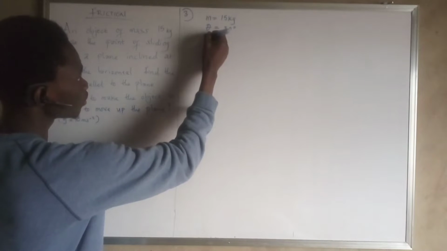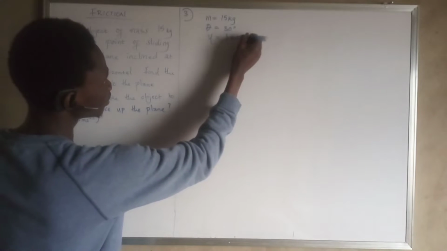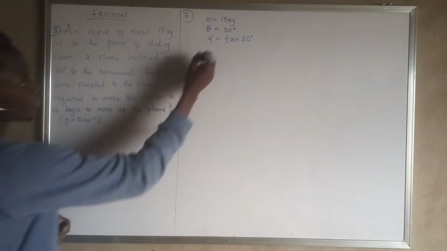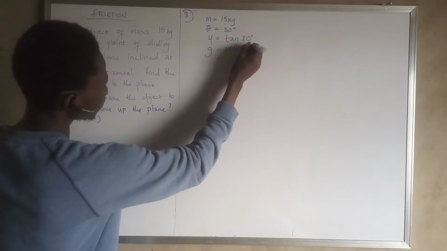So we say coefficient of friction equals tan 30 degrees. Gravity, 10 meters per second squared. So we've listed out all the values given in the question. The next thing is to draw the motion diagram.